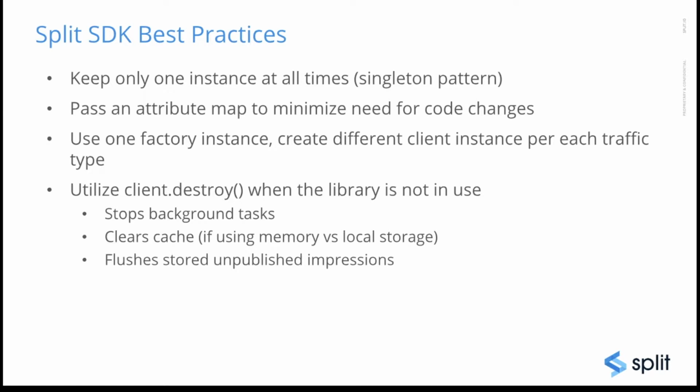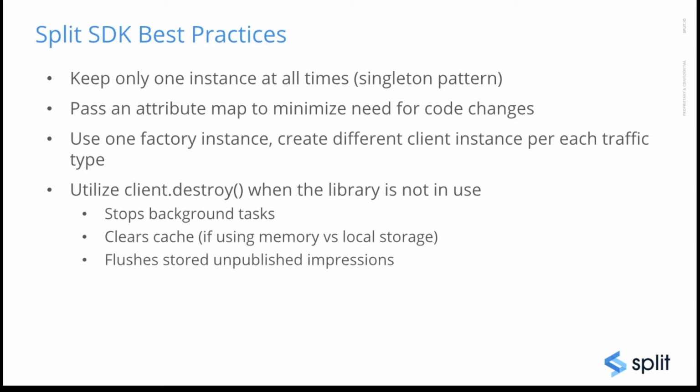Now, we also recommend using only one factory instance and have a client instance per each traffic type. We also recommend to use client destroy call, and this call actually is useful to stop all the background tasks of the SDK.